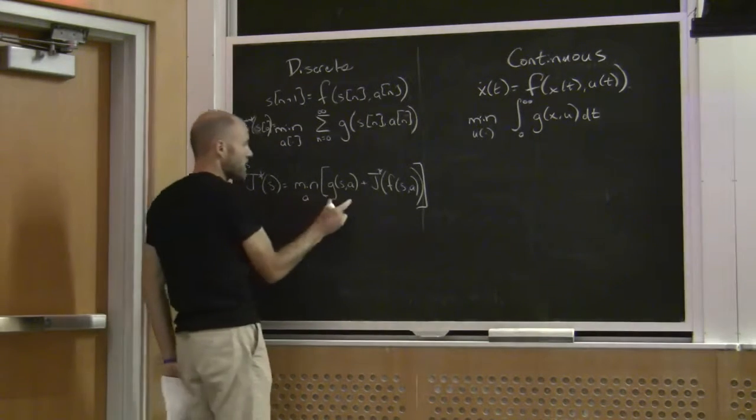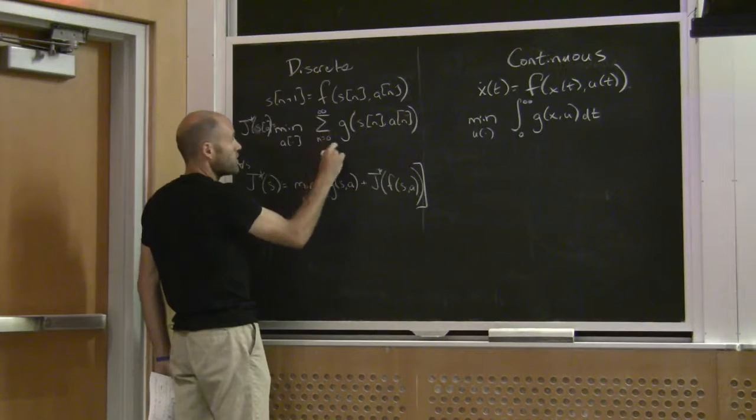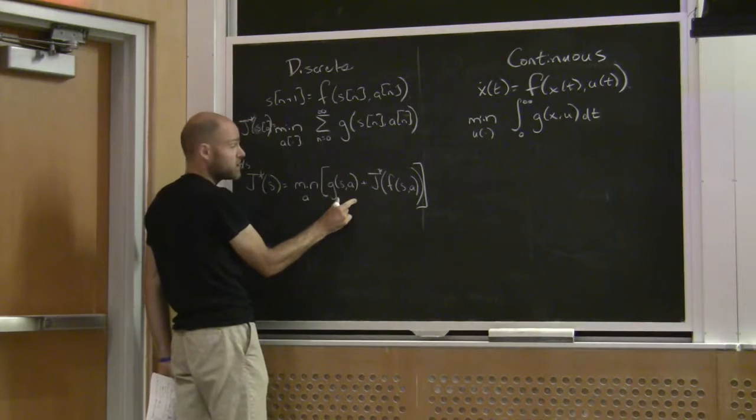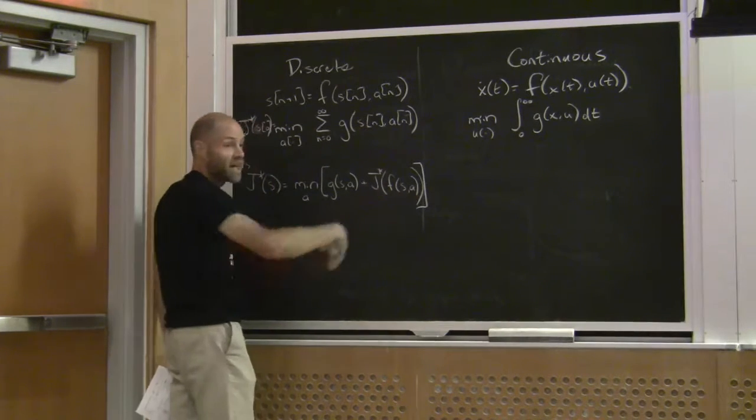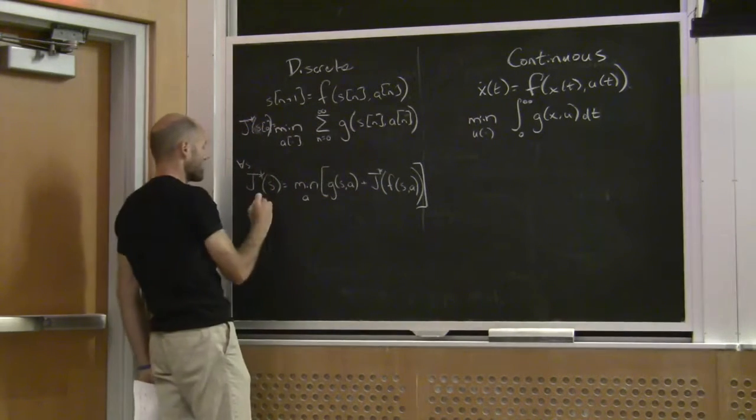So that was the same as taking the first step, which cost me G, plus the cost to go of running from being in that state, right? Where J is the cost to go.